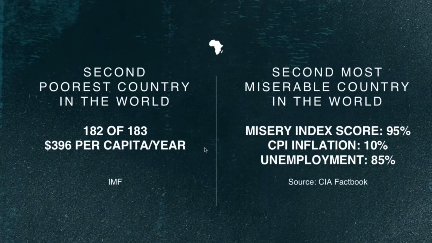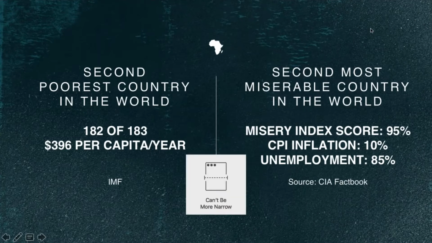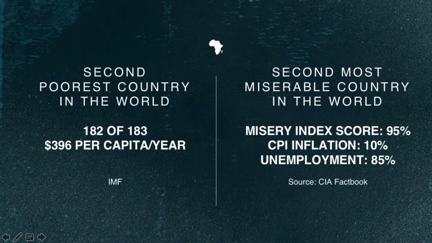Liberia was the second poorest country in the world, number 182 out of 183, and just a small amount of per capita income that comes in for the people that live there. And it's also the second most miserable country in the world, which I didn't even know existed, but there's a misery index.